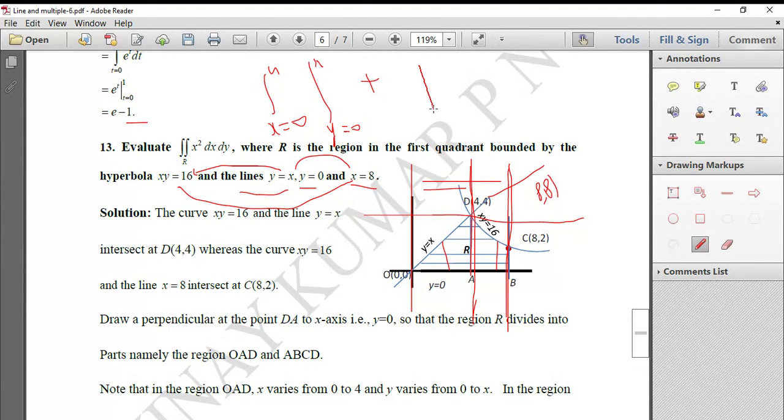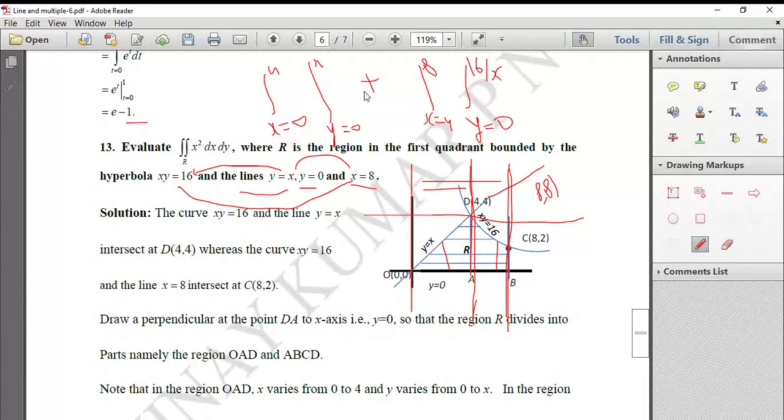So x varies from 4 to 8 and y varies from 0 to 16 by x. That is the actual region which we need to find the integral. So in this way, we can get the actual double integral over the region R.